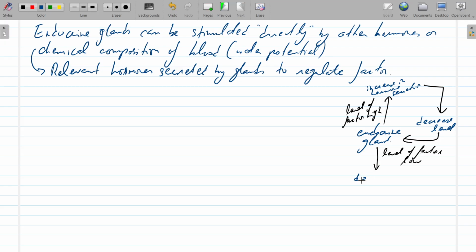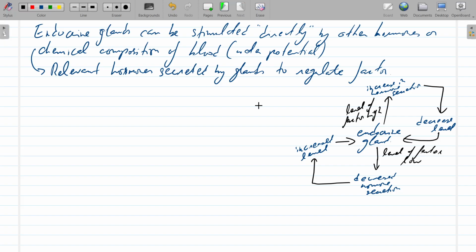So decreased hormone secretion would increase the level of the factor. Something like that. Now, the only problem with this is, this is a generalized flowchart.